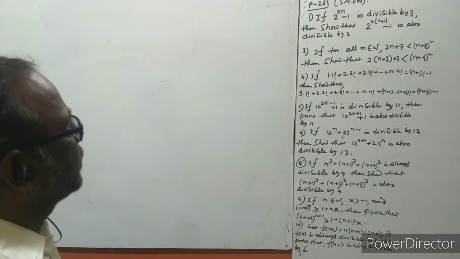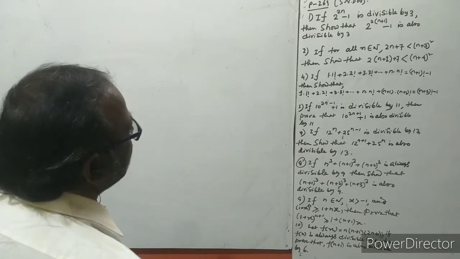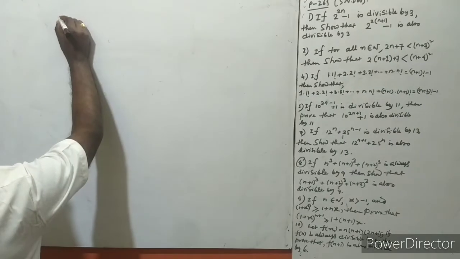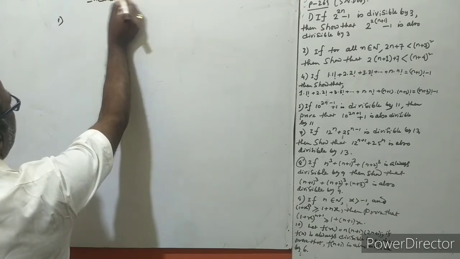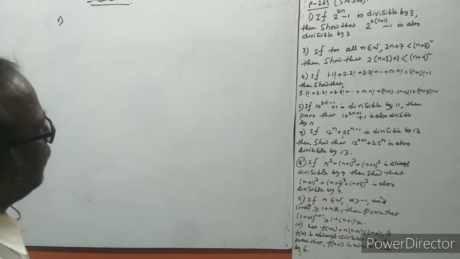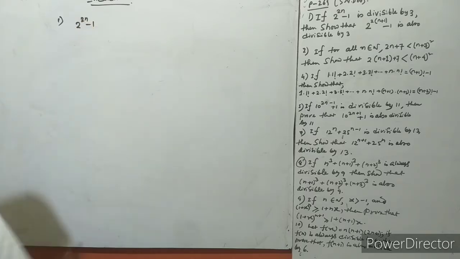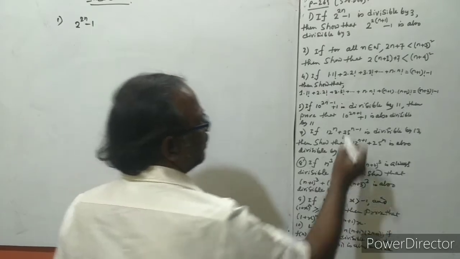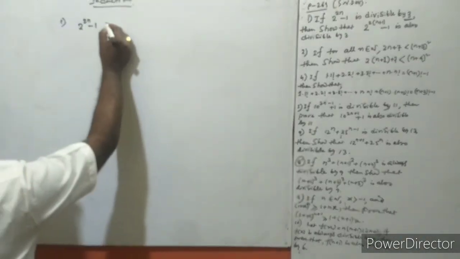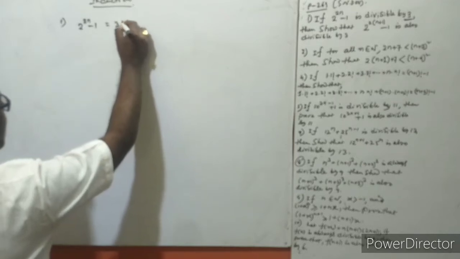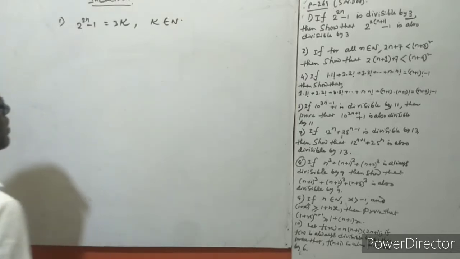And see here, given that 2 to the power 2n minus 1 is divisible by 3, it means it is 3k, where k is a positive integer, a natural number.